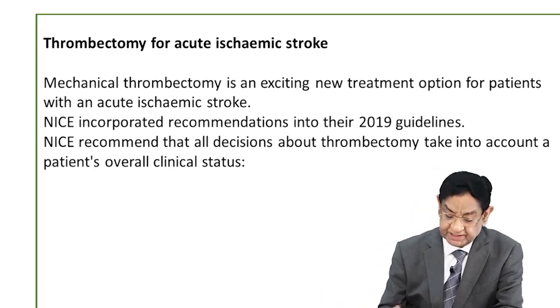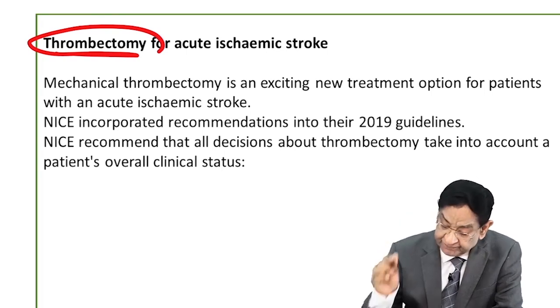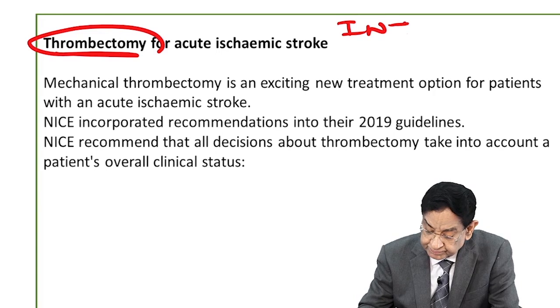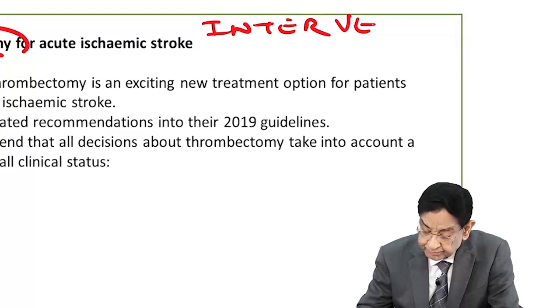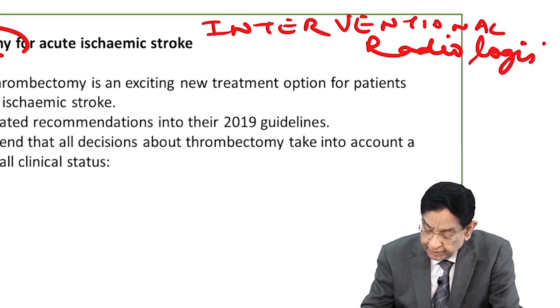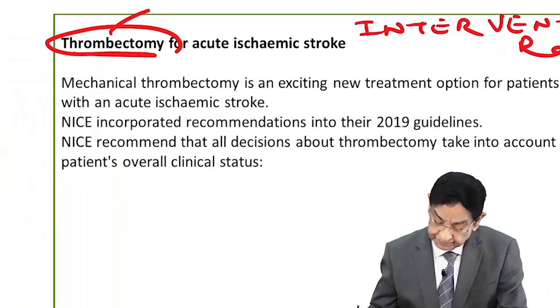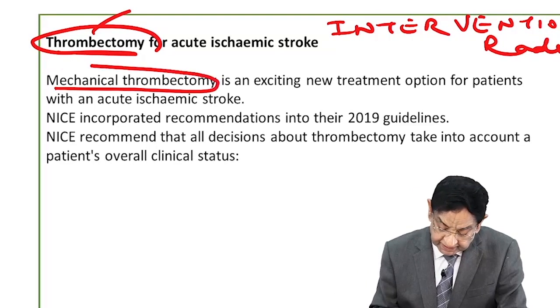Now we have additional things, thrombectomy. You want to refer the patient to an interventional radiologist, and he is going to do thrombectomy. Okay, what we call as mechanical thrombectomy.